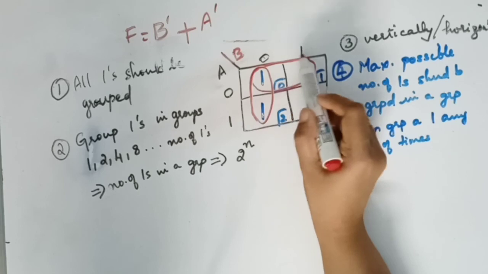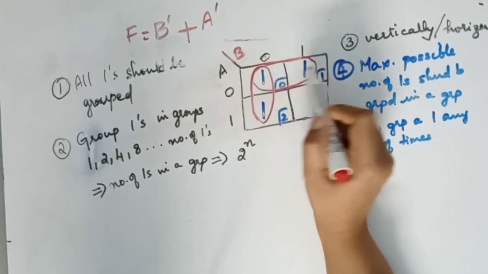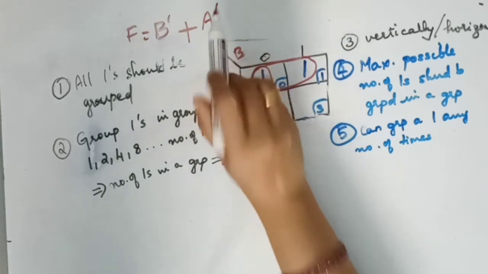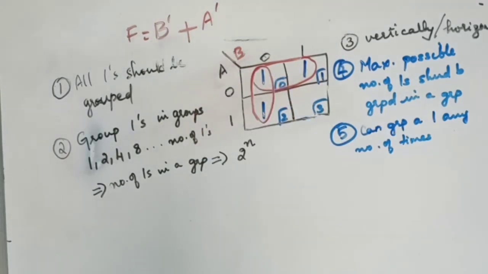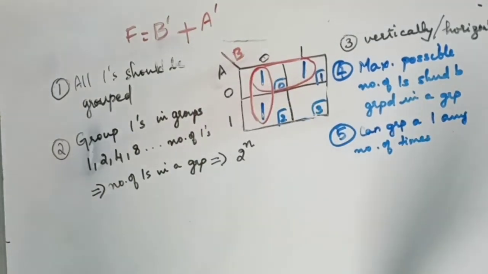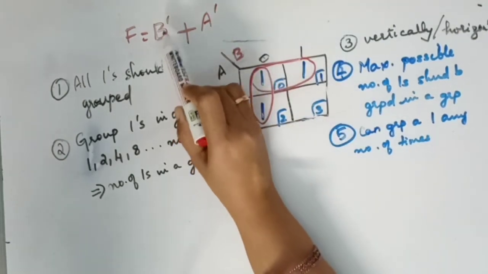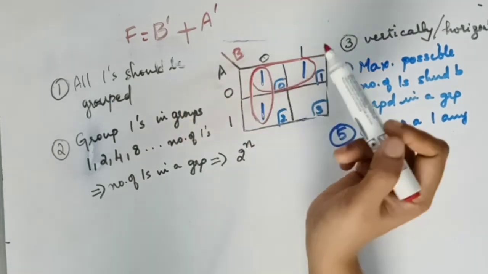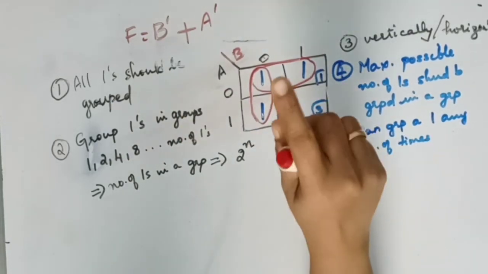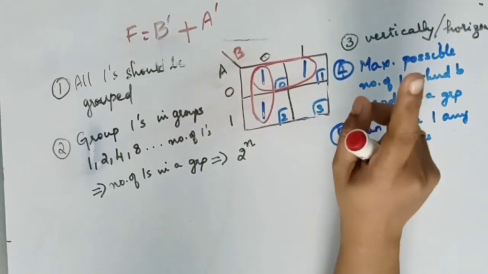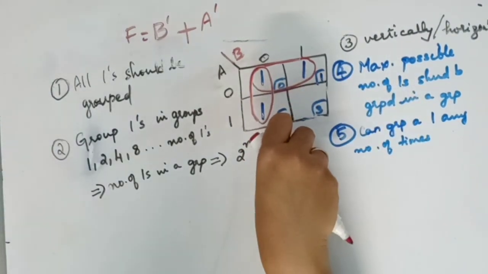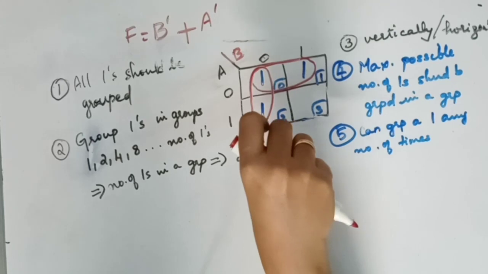B is different for both the ones. So it is A bar. Here we can see that you have two NOT gates like in the earlier case and one OR gate. One AND gate has disappeared. So it's always easier to solve using a Kmap.